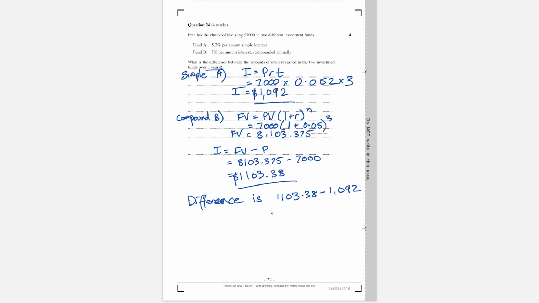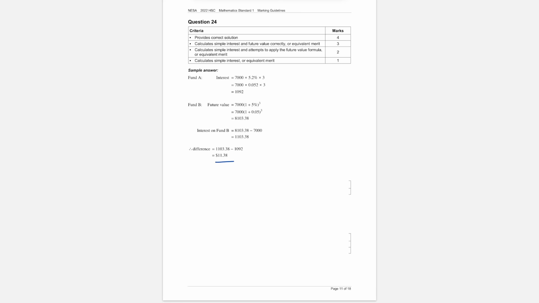So the difference is $11.38. And compound interest, Fund B, is higher. Great.